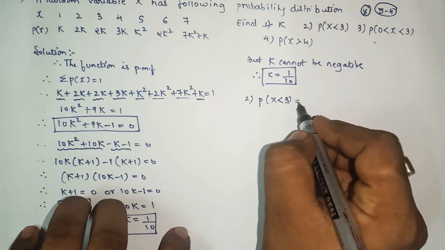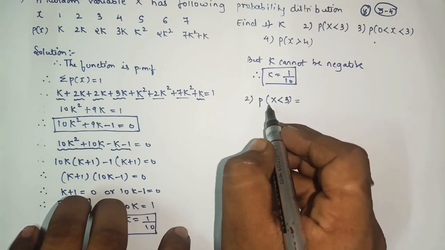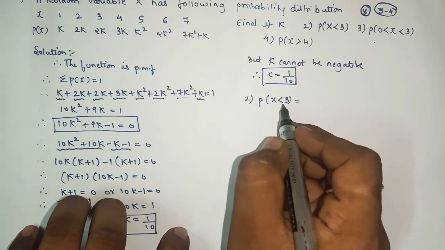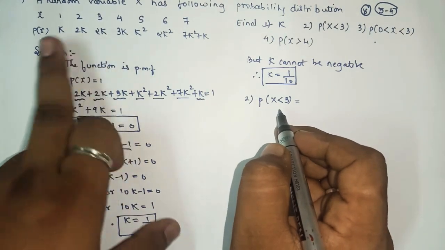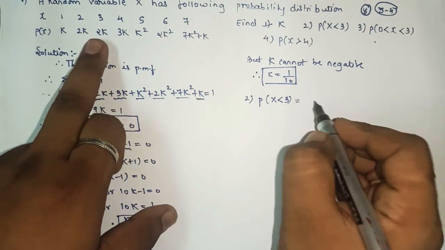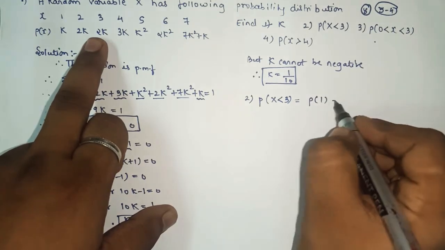This shows that the value of x should be less than 3. Less than 3 means what? Here we have two values which are less than 3. One is P of 1 and one is P of 2.